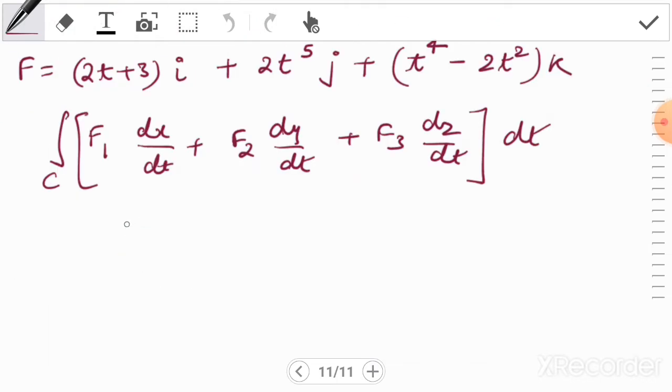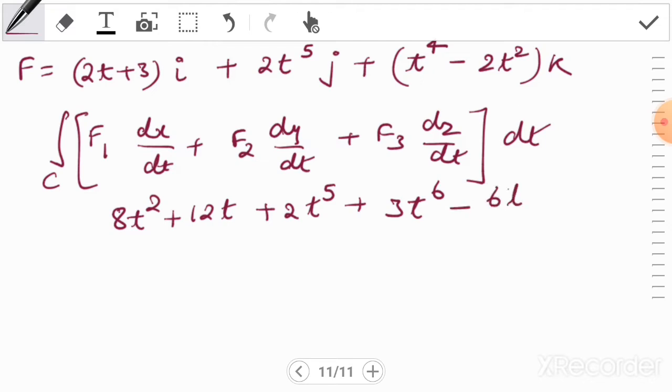So we will get (2t plus 3) times 4t, so 8t square plus 12t, plus 2t raised to the power 5, plus dz by dt is 3t square, so 3t raised to the power 6 minus 6t raised to the power 4, and dt.